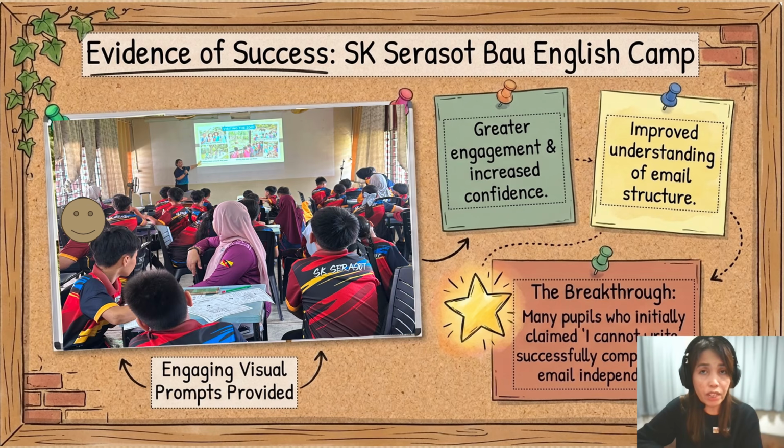From my observation, the visual character and the prompts attracted pupils' attention and helped sustain their participation. Pupils showed a clearer awareness of the email structure, and many who initially claimed "I cannot write an email" were able to complete one with the appropriate level of support.